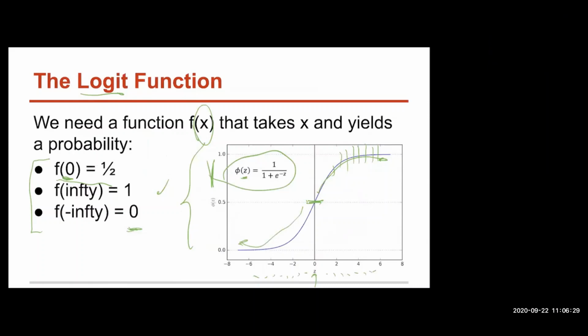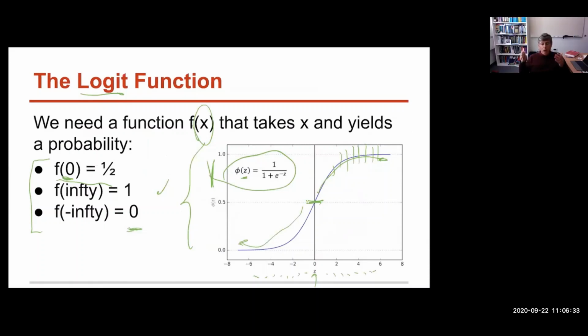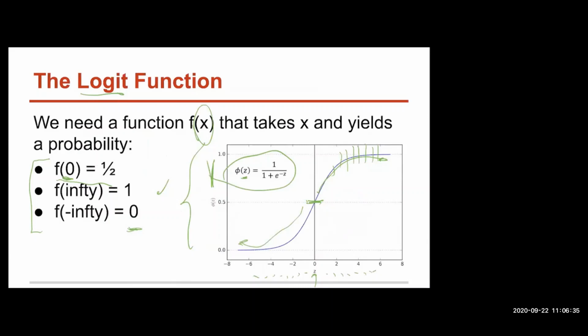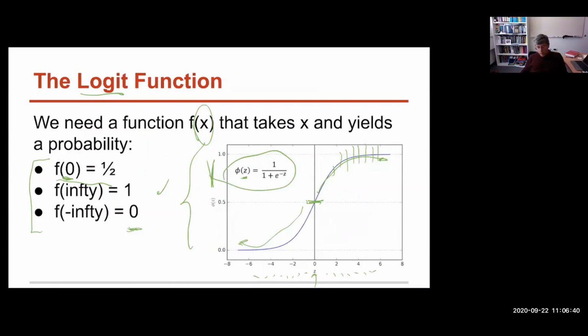Note that if we wanted a richer parameterization here, there's no reason why I couldn't take that z and replace it by some constant times z, which is actually equivalent to changing the e to a different base.